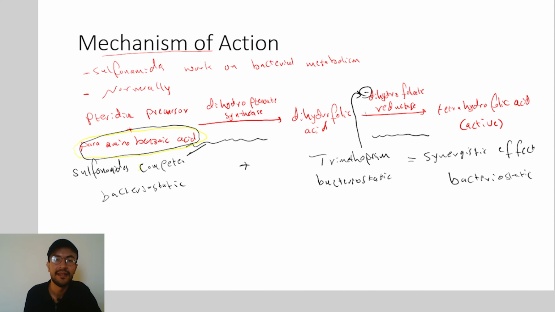So they inhibit the growth of the bacteria. The combination of the sulfonamides and the trimethoprim would give us a wider spectrum than both of these drugs alone. So it is wider than the sulfonamides and the trimethoprim alone.